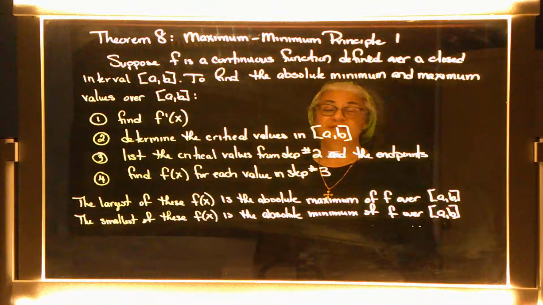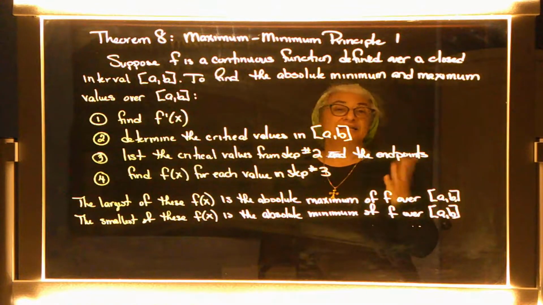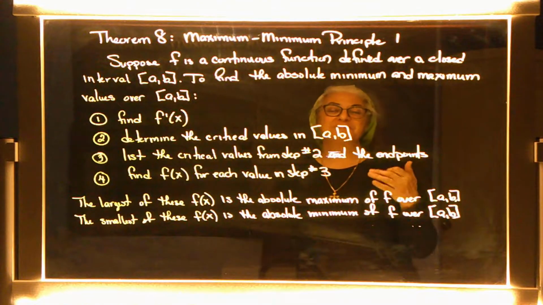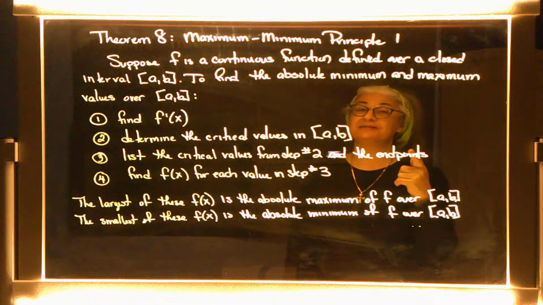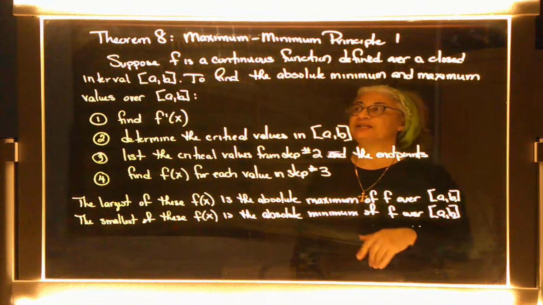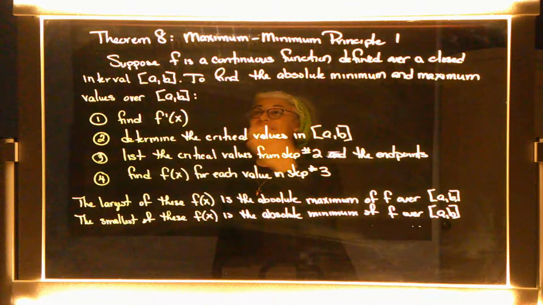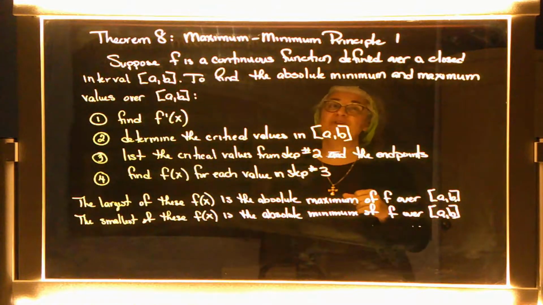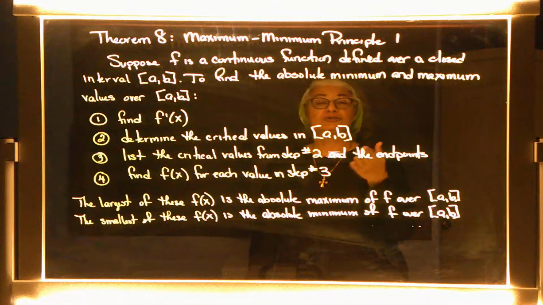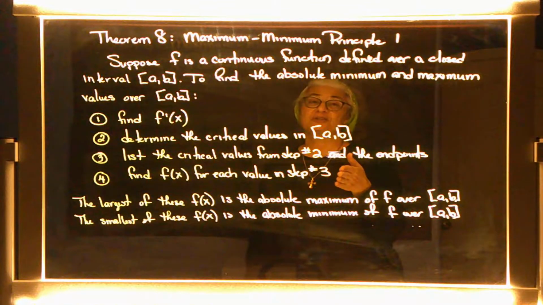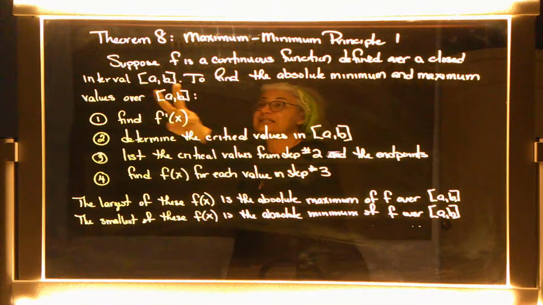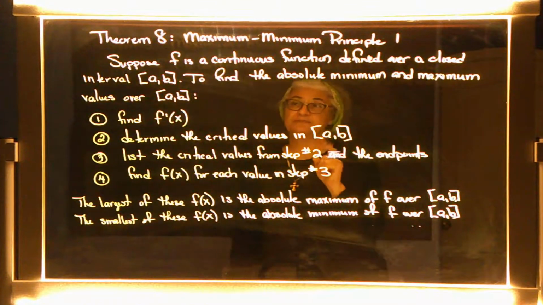All right, let's look at this theorem. Theorem 8 is known as the maximum minimum principle number 1, which implies there's a principle number 2, but we'll get there, so hang in there. So, it says, suppose f is a continuous function defined over a closed interval, a, b. So that's important. This particular theorem is dealing with a continuous function and it's over a closed interval.